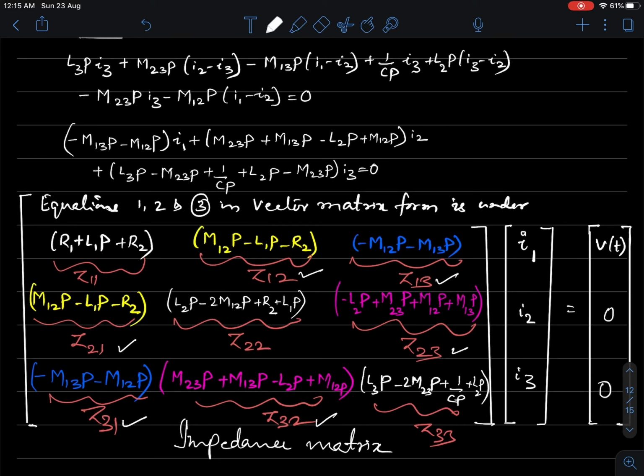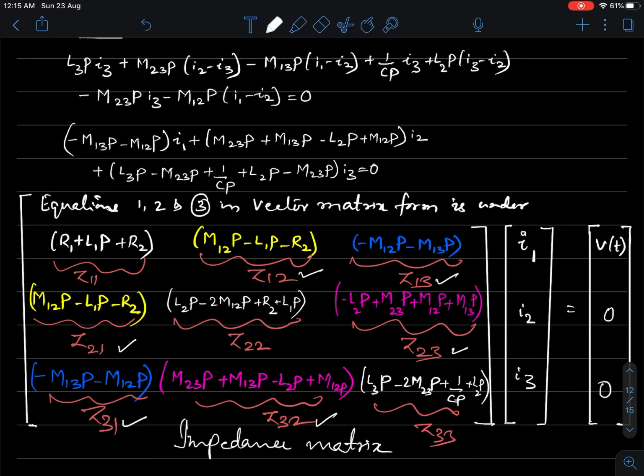That's why I have taken the same colors: Z12 equal to Z21 in yellow, 13 and 31 in blue, 23 and 32 in pink or magenta. So the diagonal elements are distinct, and the off diagonal elements match: Z12 equal to Z21, Z31 equal to Z13, Z32 equal to Z23.